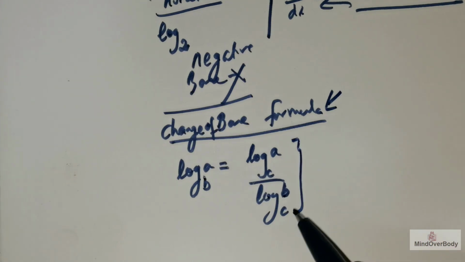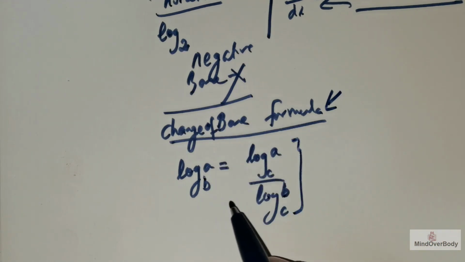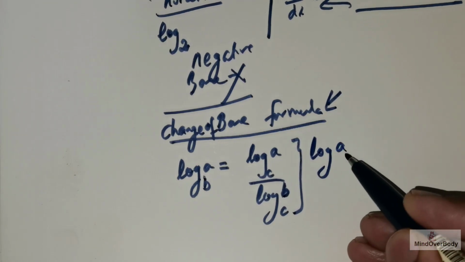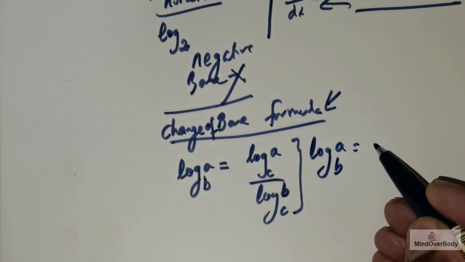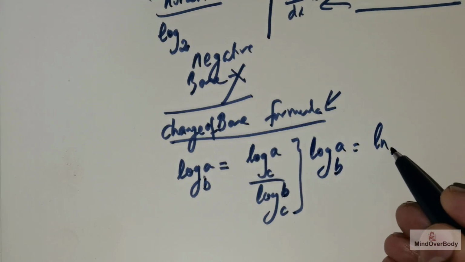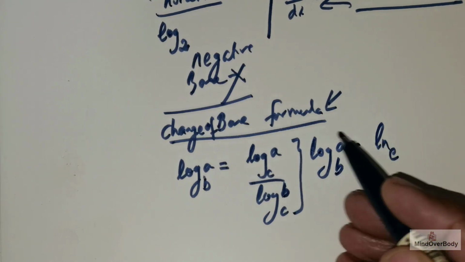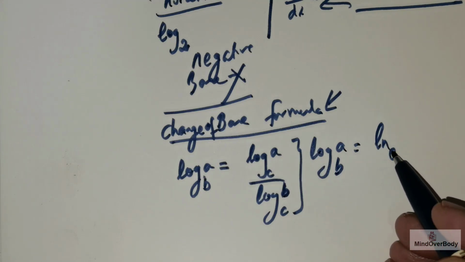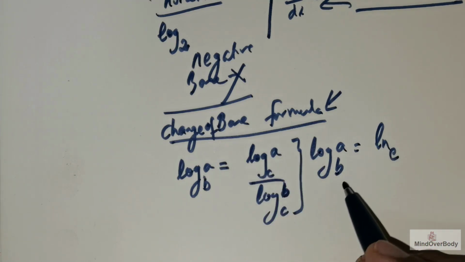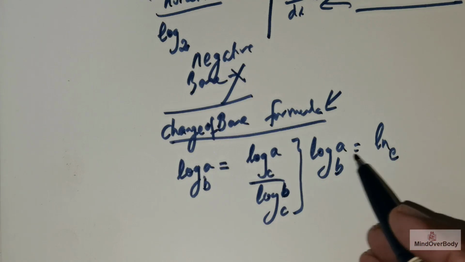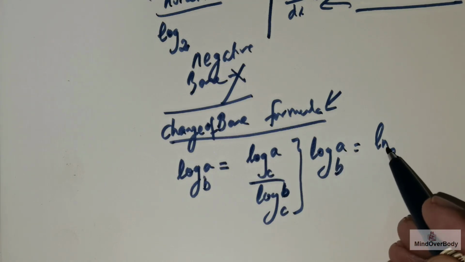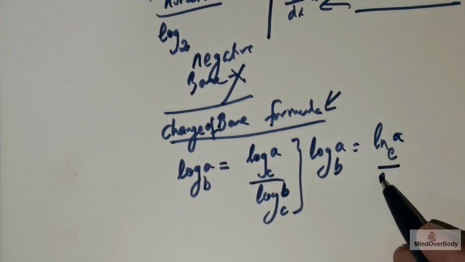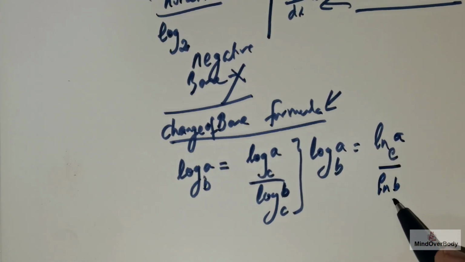Now, having understood the change of base formula, we can go a step further. In other words, if I were given log a to the base b, I can use the base e, that is, change a common logarithm into a natural logarithm using the change of base formula. So how do I do this? I can rewrite log a to the base b as ln a divided by ln b.